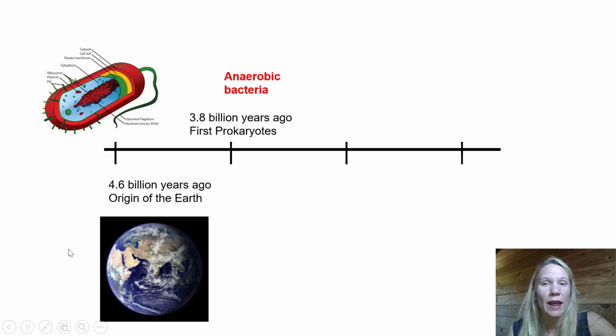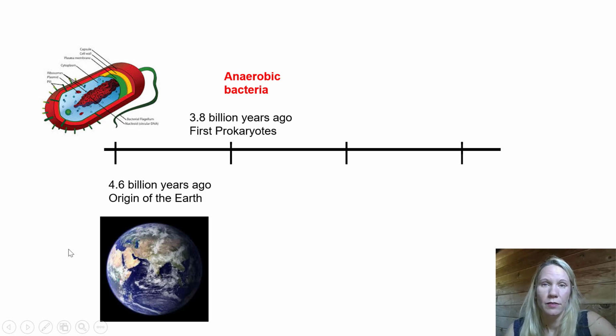And what happened was the biological evolutionary process began to take place in that very, very first group of prokaryotes. So even among prokaryotes, genetic variation caused by random mutation occurs.